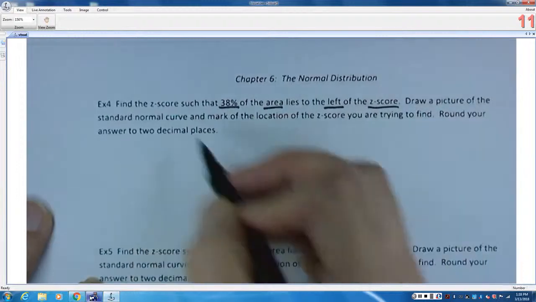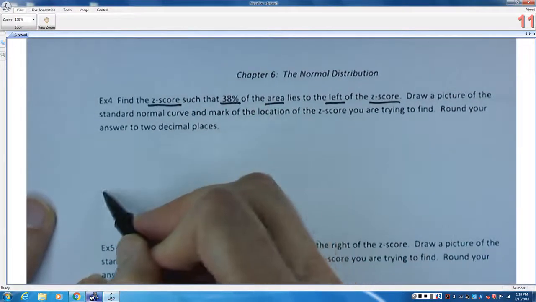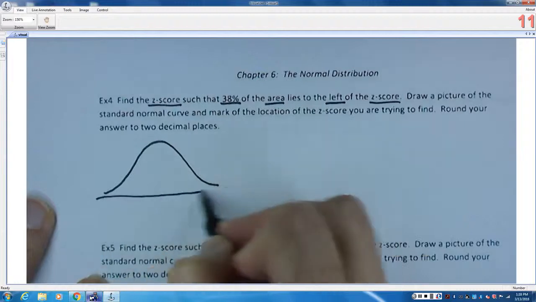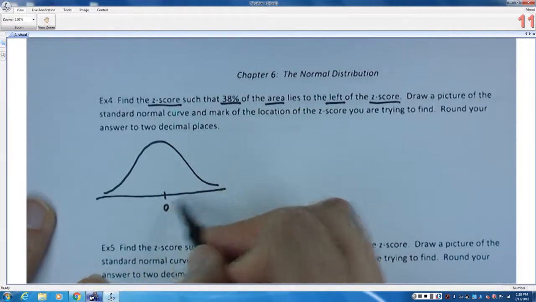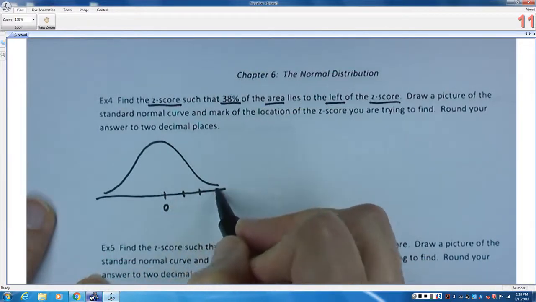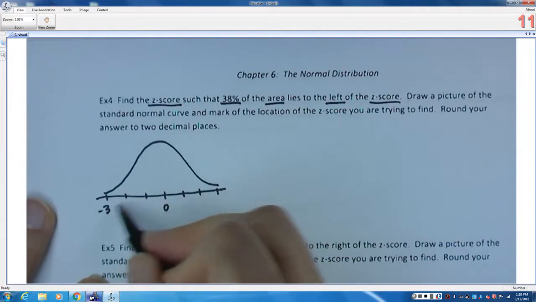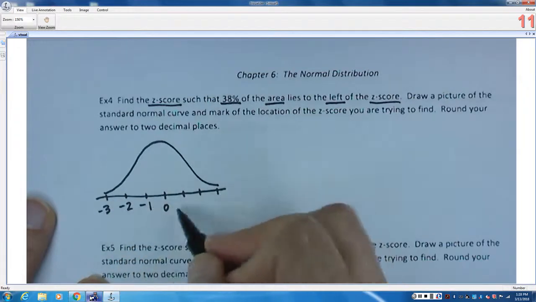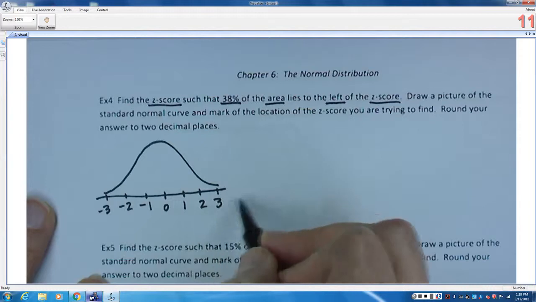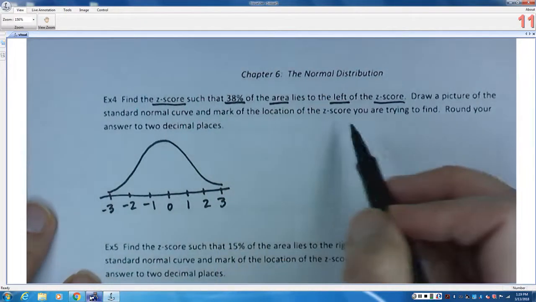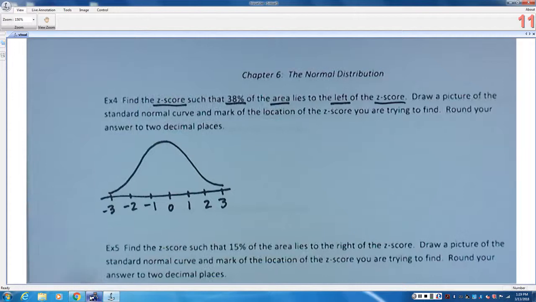So we're finding a z-score, so draw our standard normal curve. When we mark it 0, make about 3 marks going each way. And z always looks like this. We're going to find the z-score so that 38% of the area lies to the left.